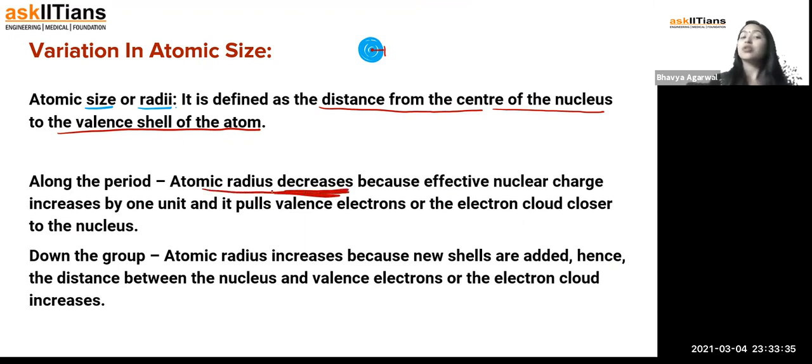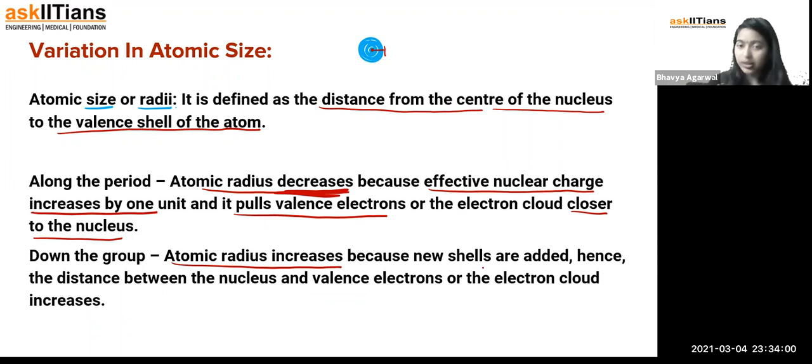The reason is that the effective nuclear charge increases by 1 unit, and it pulls the valence electrons even closer to the nucleus. Whereas down the group, the atomic radius increases. That's because new shells are added.